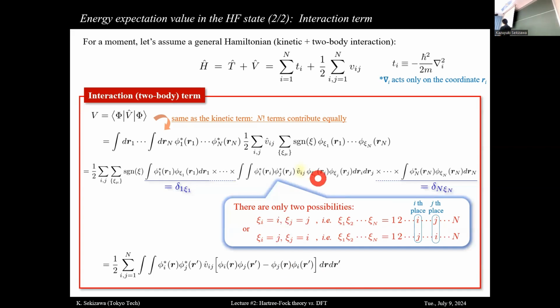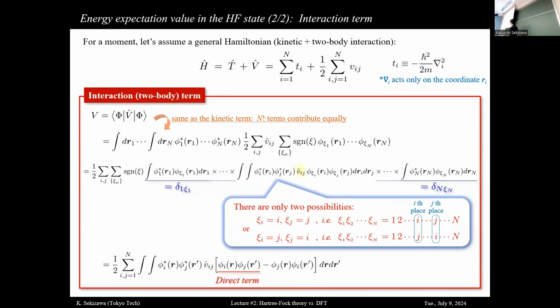The difference between the first and second terms is the index order, i j or j i. In the first term, i is used for the coordinate r, and j is used for r prime, but the other one is opposite.